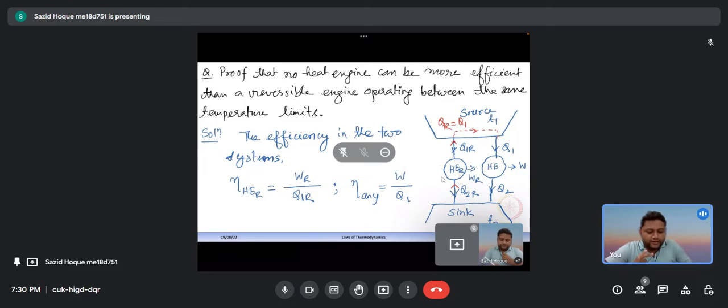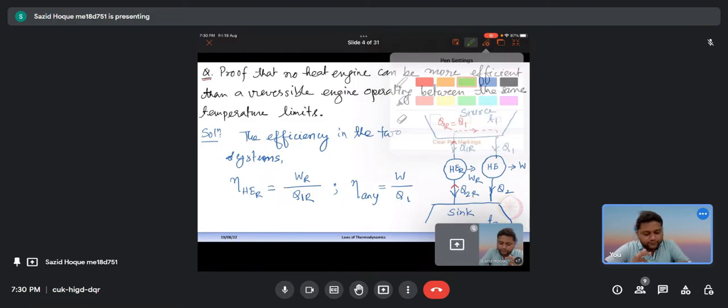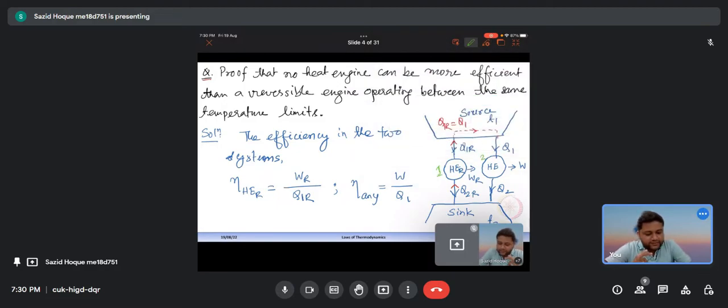One is reversible, here it is shown as reversible. This is the first engine, reversible, and this is the second engine, which is the normal engine. It's not a reversible engine. So in that scenario, we need to show that this heat engine 2 cannot be more efficient than the reversible one.